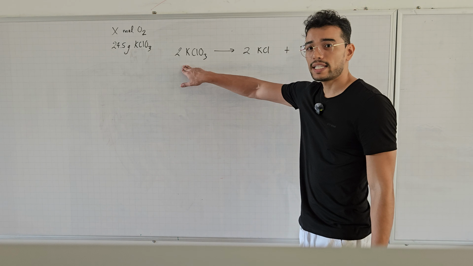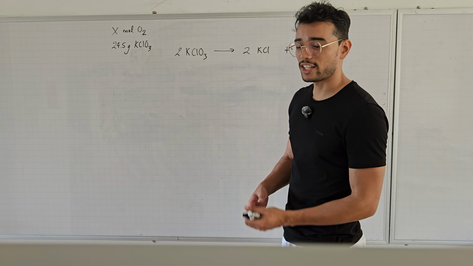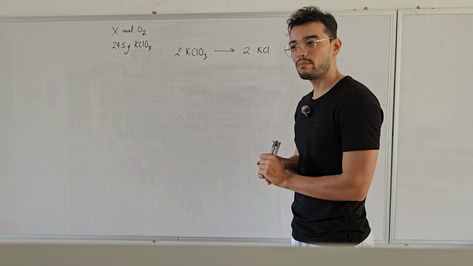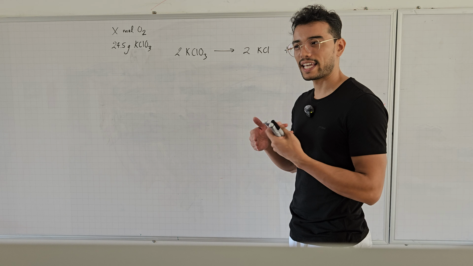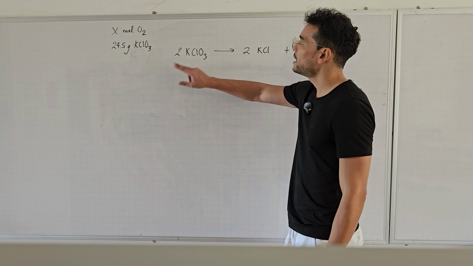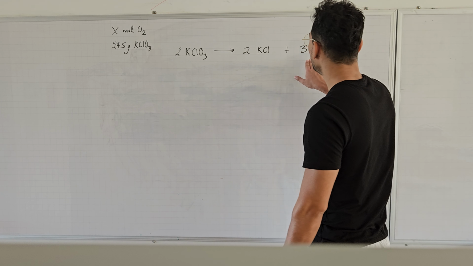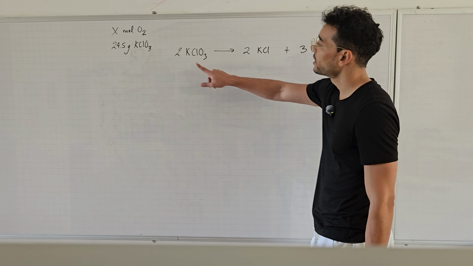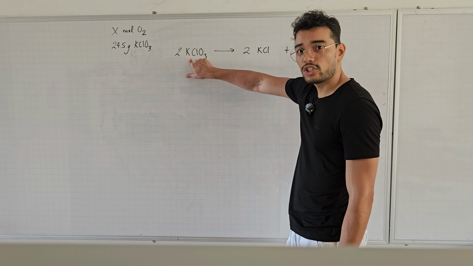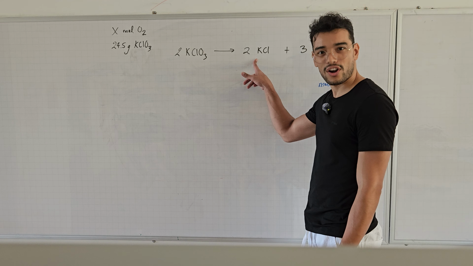Essentially, it is the same with this one, but with chemistry instead of cuisine, and the mole ratios are not always easy to understand. For instance, the mole ratio that we have between the potassium chlorate and potassium chloride is like this: we require 2 moles of potassium chlorate to produce 2 moles of potassium chloride.